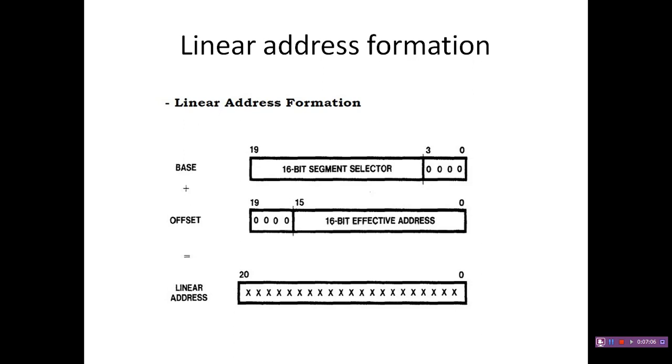For full compatibility with 80286 real address mode, an exception occurs if an address is generated outside the range of 0 to 65,535. This diagram shows how the base plus offset is converted to form a linear address in virtual 8086 mode.